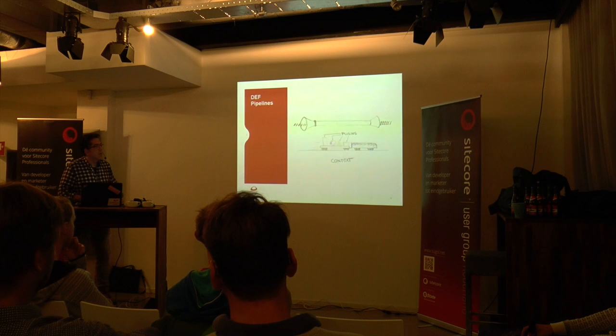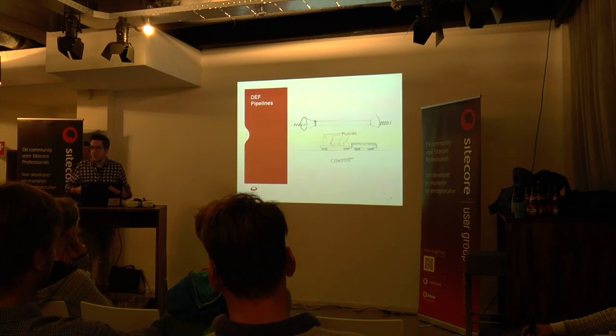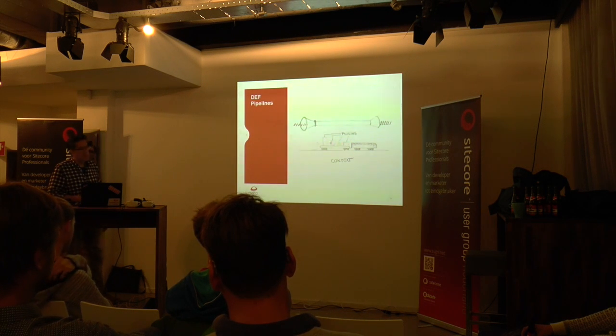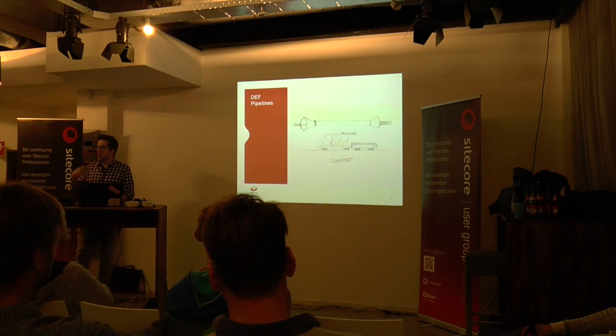So I always see a pipeline as a pipe with a track in it, and there's some train running through it, and you have some stations, and at the station something happens, and you put it on the wagon, and the train is leaving to the next station, and at the end you have something to show. All this, normally, is called arguments.